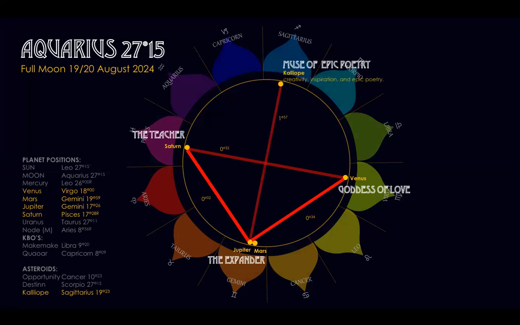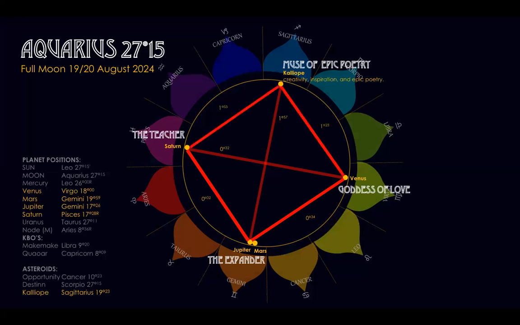And again, I have found the fourth point, and this is Calliope, who is one of the muses, and she's the muse of epic poetry. So it's really interesting that my own natal Calliope is involved in the first grand cross, and Calliope makes up the fourth point of this mutable grand cross.